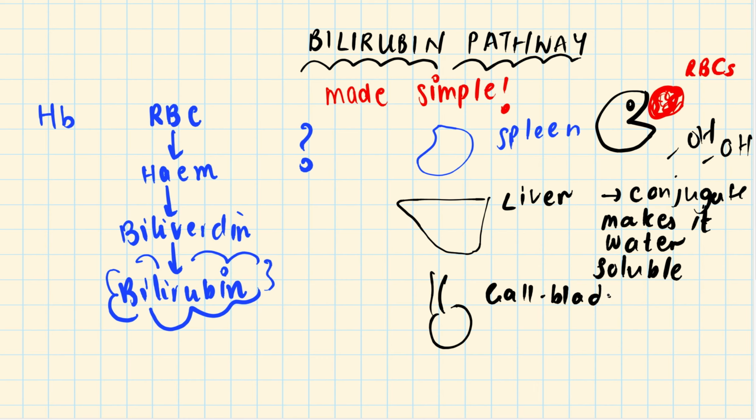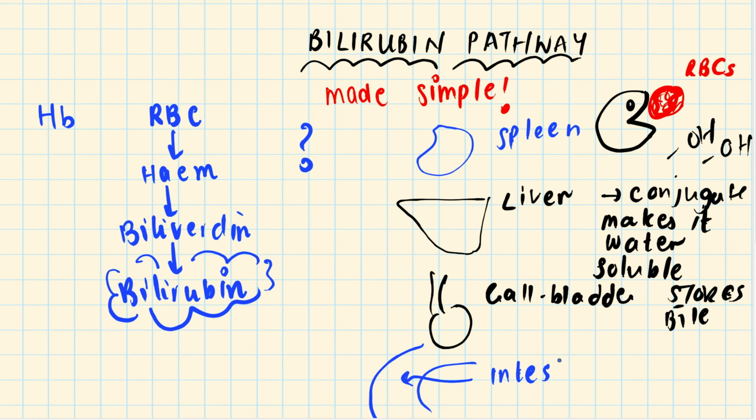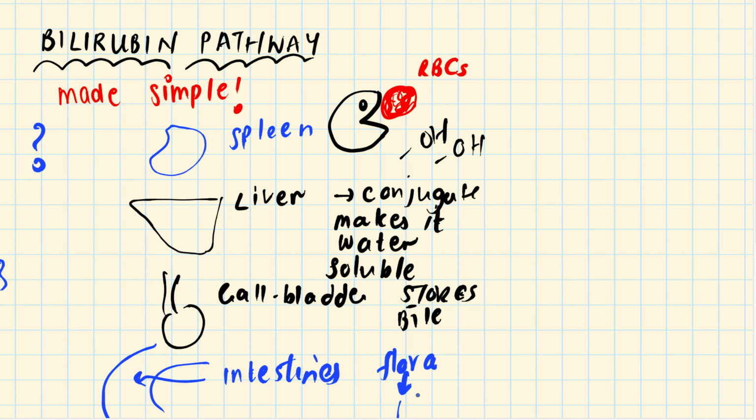What about the gallbladder? People forget about the gallbladder, but it is responsible for storing the bile. Remember in my other video, I talked about alkaline phosphatase and important enzymes that can be found here. That's different. Now, what about the intestines? The intestines are responsible for having your normal flora.